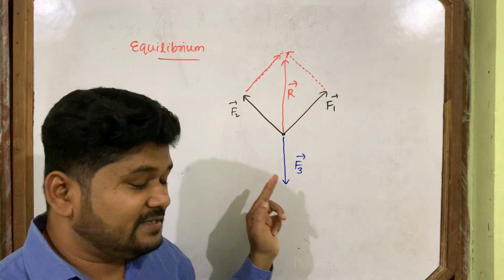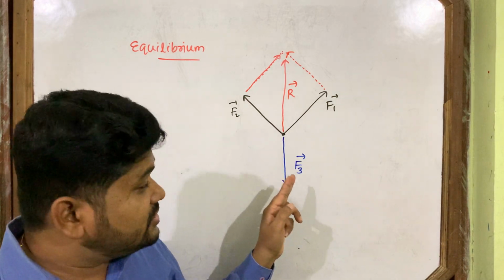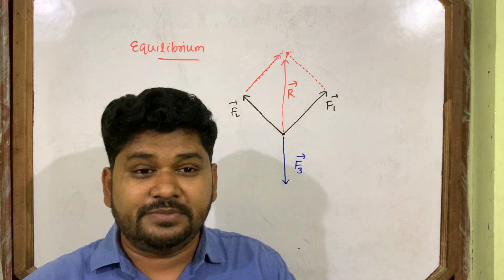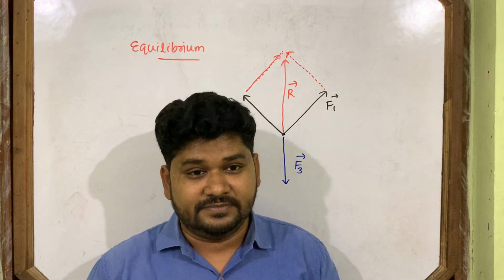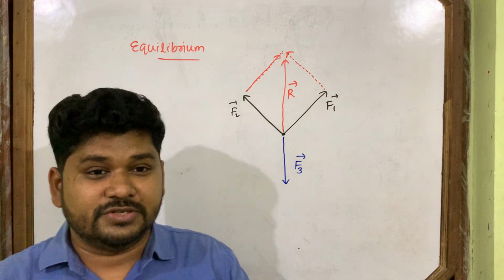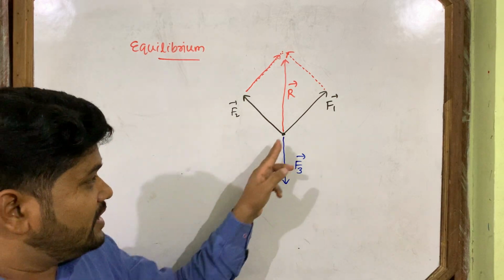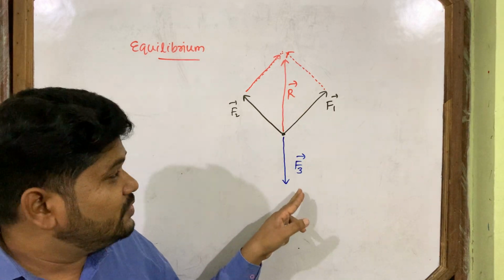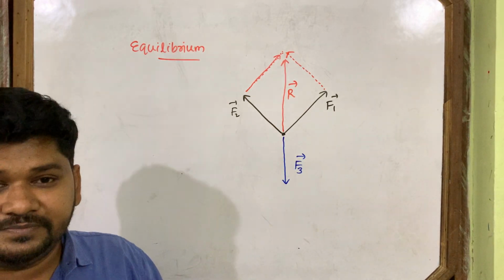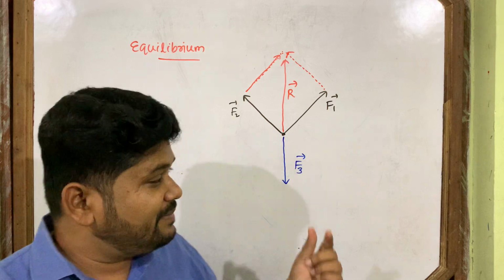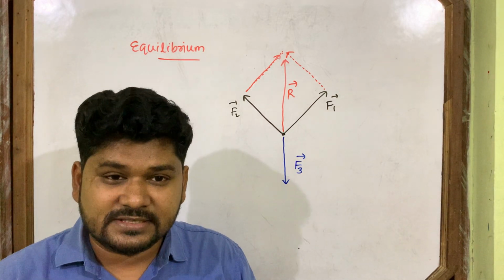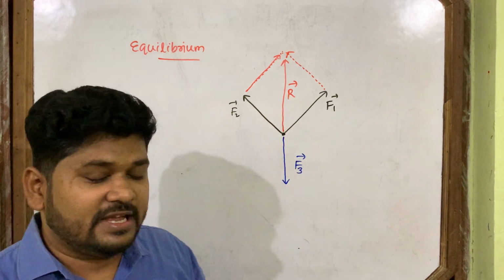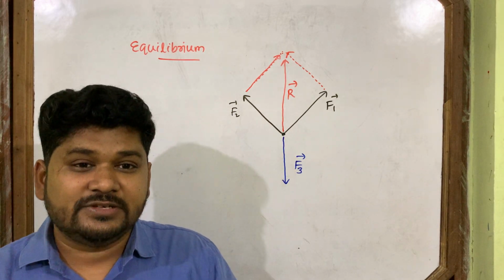The vector or force which causes equilibrium is called equilibriant. If the resultant of F1, F2 is R vector, who cancels R vector? F3. So F3 can be treated as equilibriant.